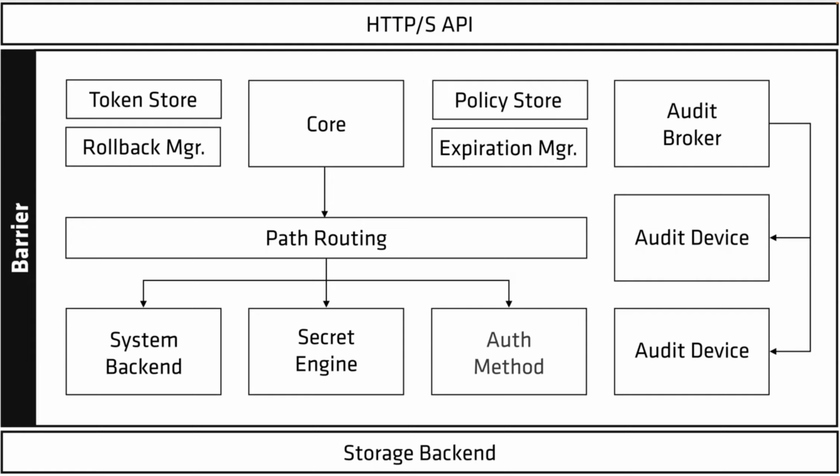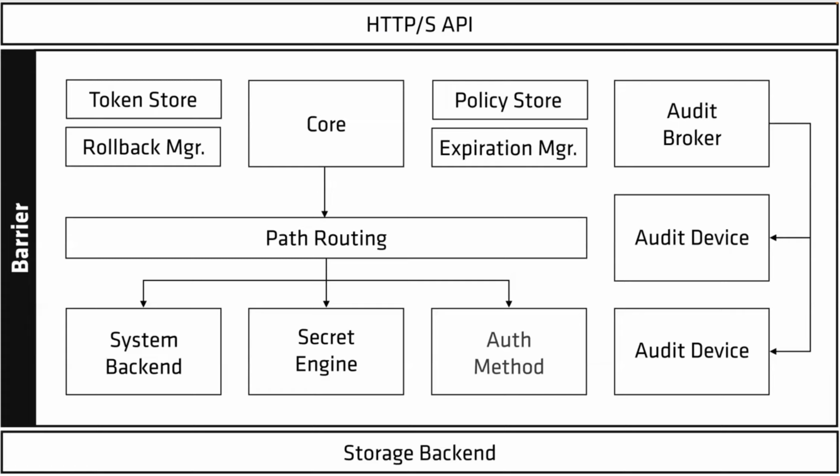The core mechanism handles all the path routing. Let's suppose we have a path, since it's a REST API. Based on the path routing, it goes to the secret engine, the auth method, or the system backend to find the specific credentials.